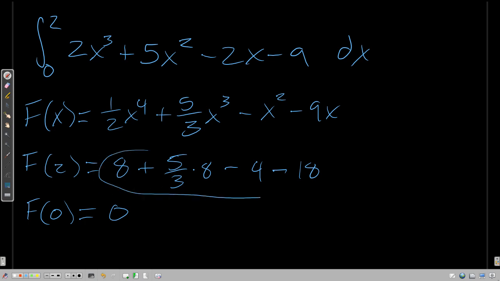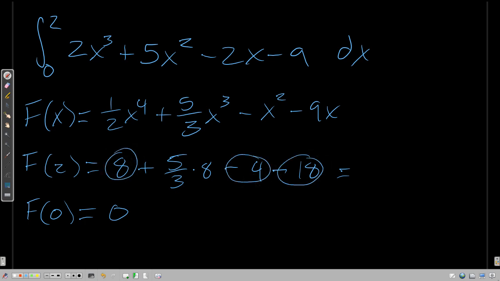Okay, so all I need to do is compute this. The 8 and the minus 18 give us minus 10. Minus 10 minus 4 is minus 14. So this is just minus 14 plus 40/3.